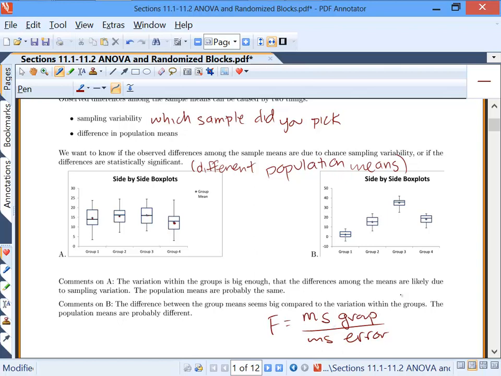With your box plots, which one of these two numbers is going to be bigger? Did we have more variation between the groups or more variation within the groups? More variation between the groups. So let's write this up. Between and within.